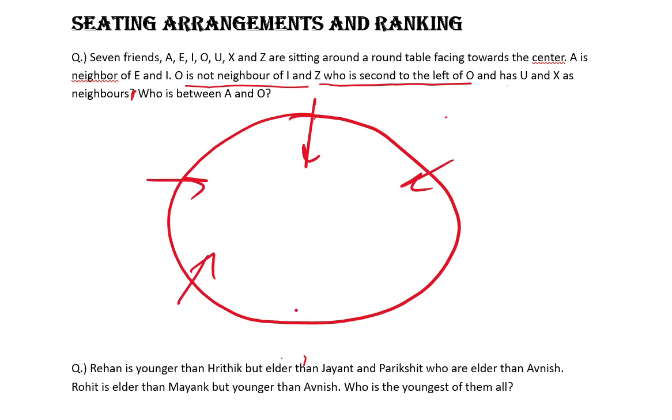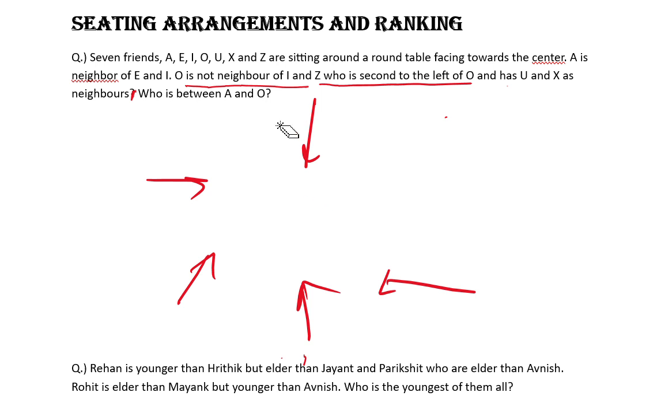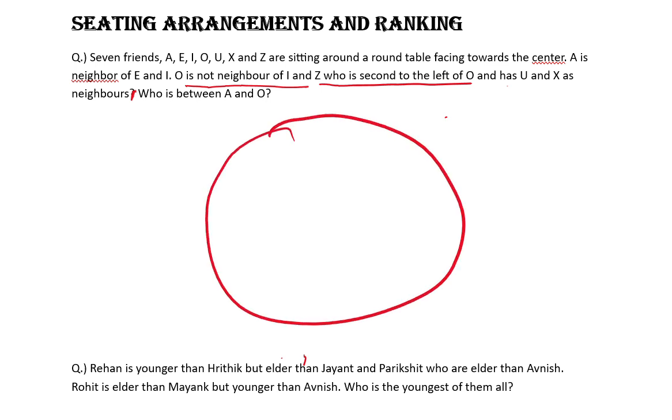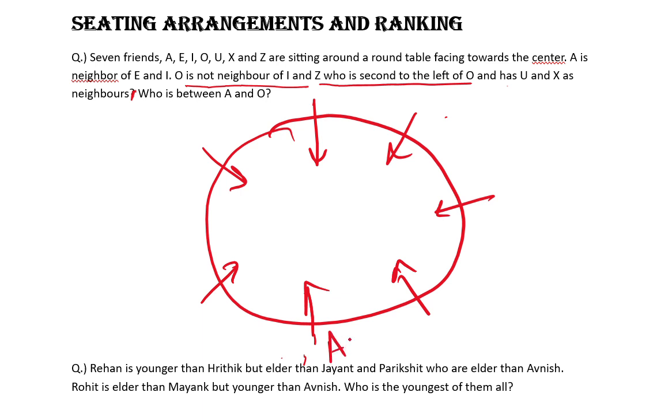Suppose this is A, this is E, this is I, as A is neighbor of E and I. O is not neighbor of I, so O can't be here.